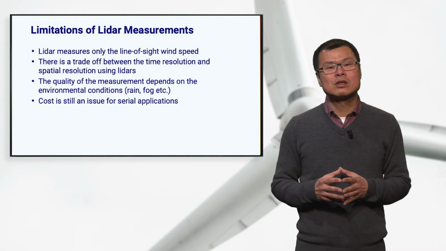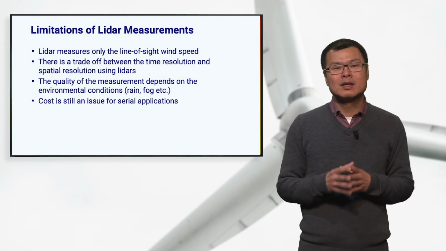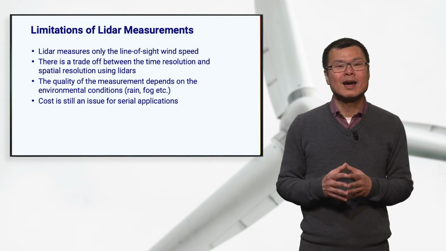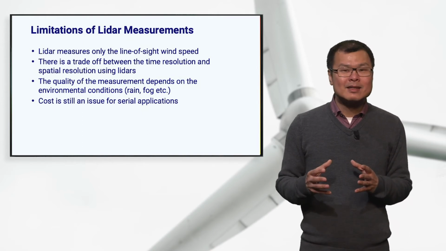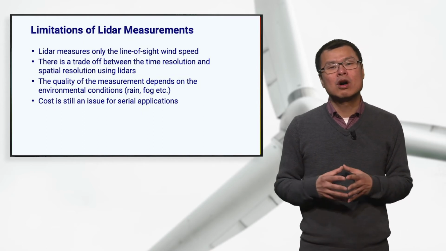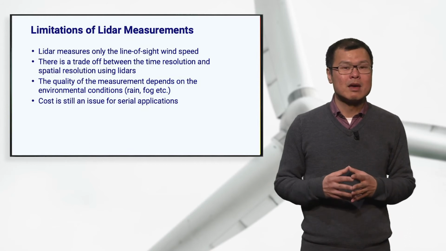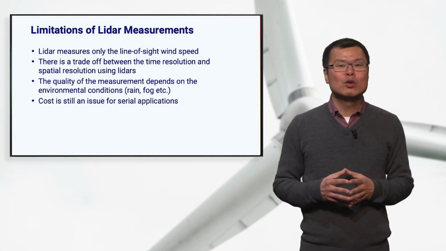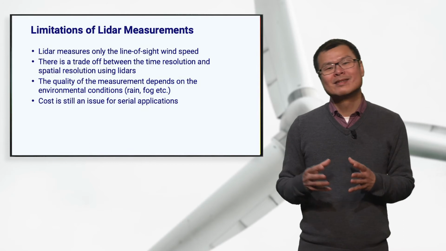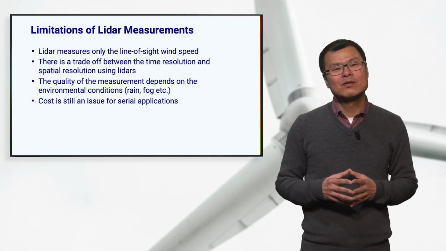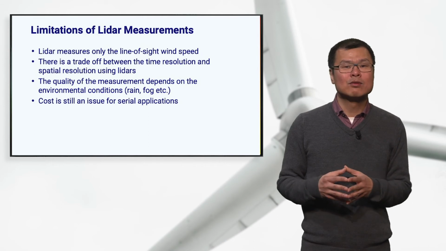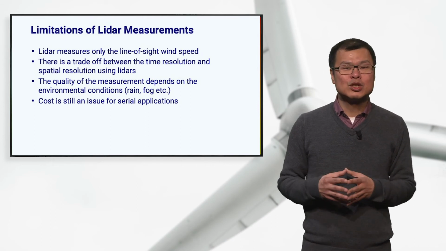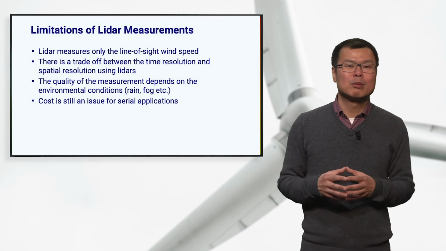All these factors will have an impact on the quality of the wind measurement using LiDAR. Last but not least, people often mention the cost as a factor. It will eventually go down very fast once the early adopters of the technology can push the production costs down through standardization and serial production.